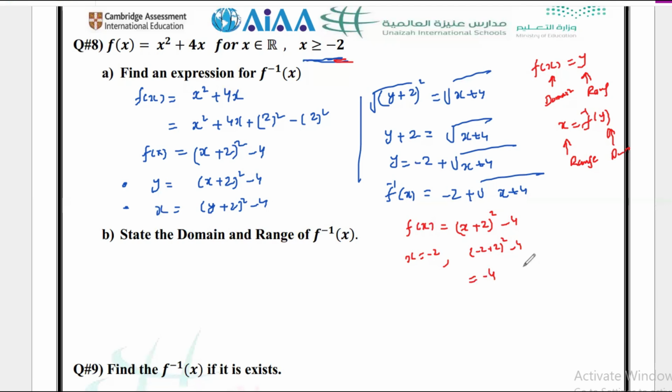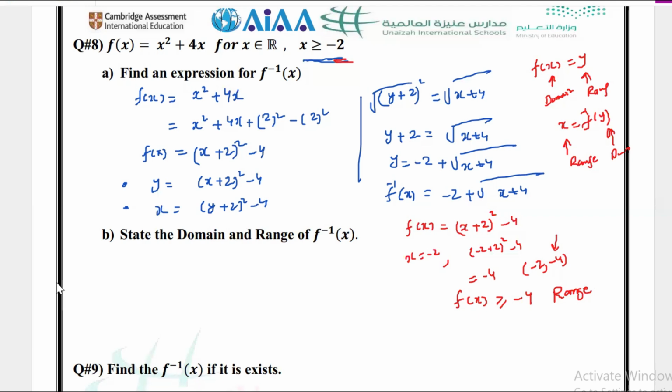So the minimum point is (-2, -4). So we need the y value, which will help us to say the range. So the range of the normal function is f(x) ≥ -4. So this is basically the range of function f(x).